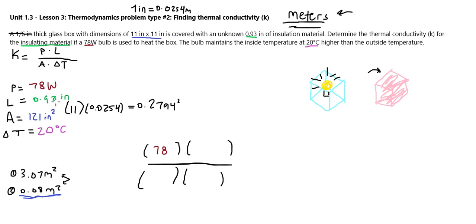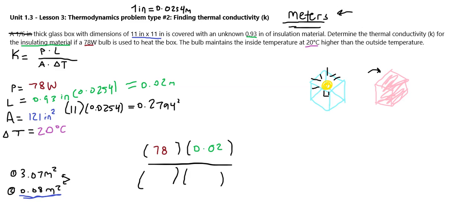That's incorrect because we have to do meters, so we have to multiply this 0.93 by 0.0254 as well, because that's still left in inches. Let's see what that is. We get approximately 0.02 meters, not squared this time. So then we can plug in 0.02.